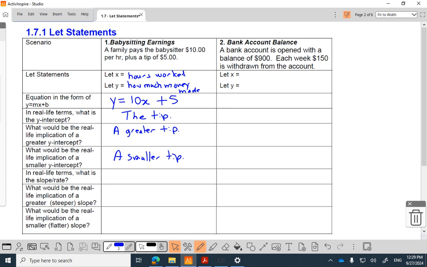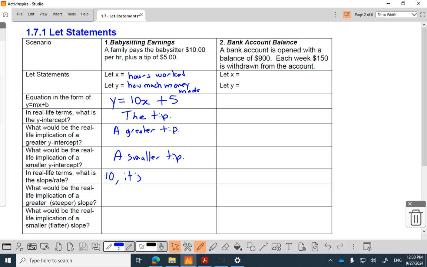Okay, in real life terms, what is the slope rate? It is 10, yes. And what does that represent? In words. What are we talking about there?